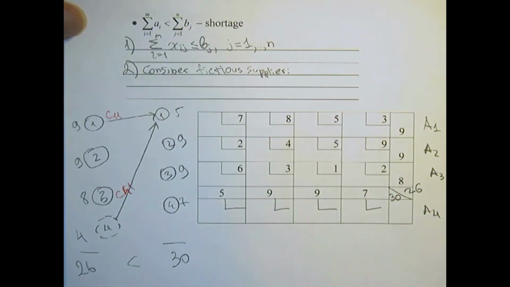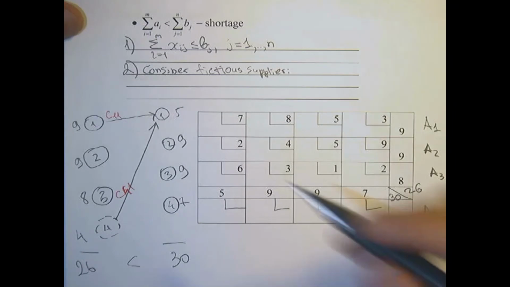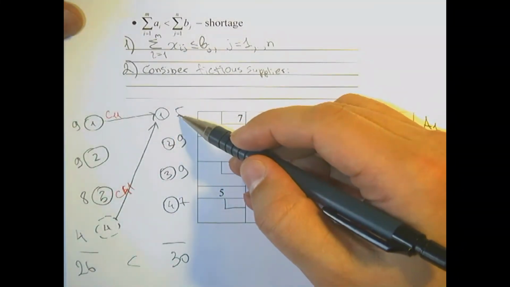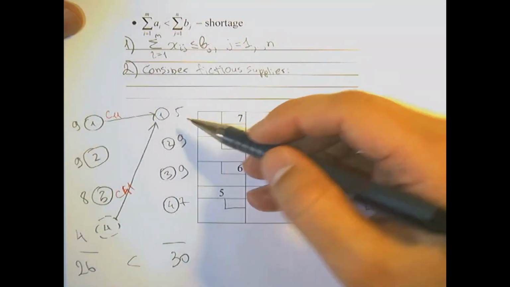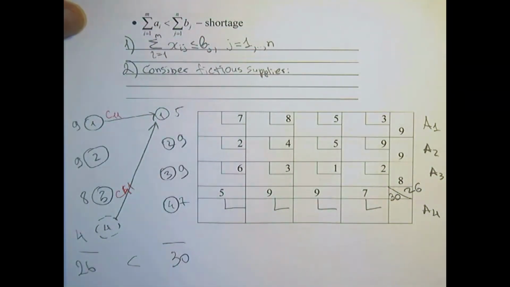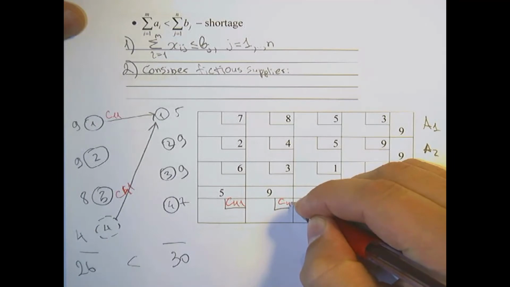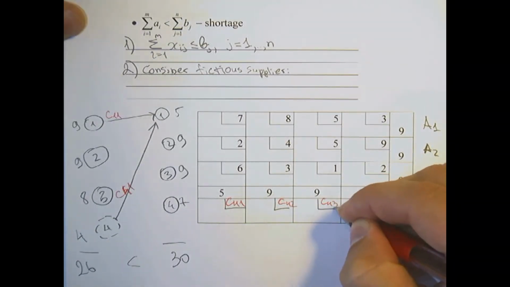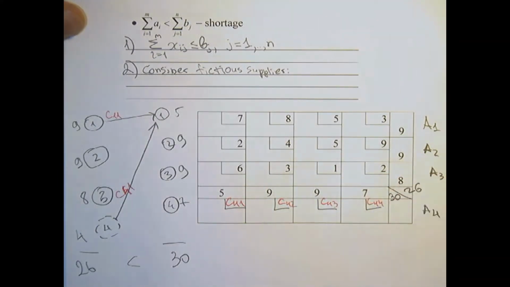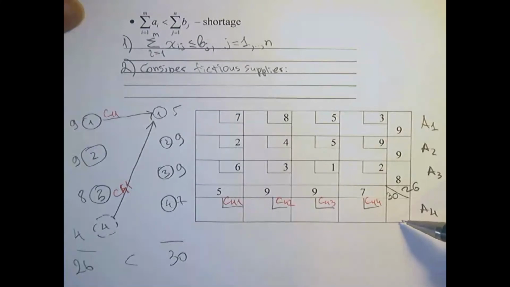So it is the penalty for unsatisfied demand for customer 1 of 1 unit of our product. So C41, C42, C43, C44. And here the supply volume for supplier number 4 is 4.